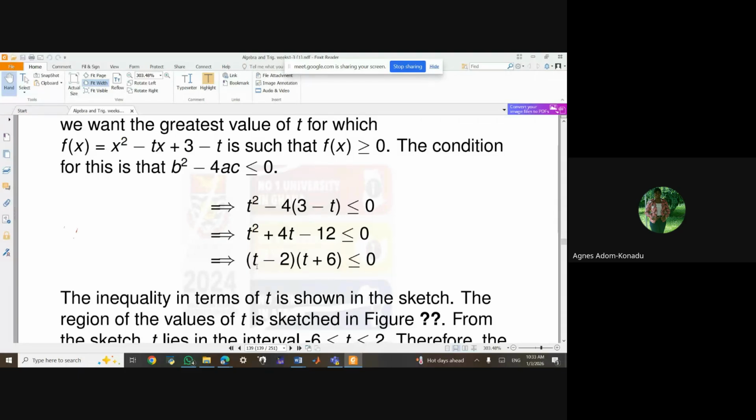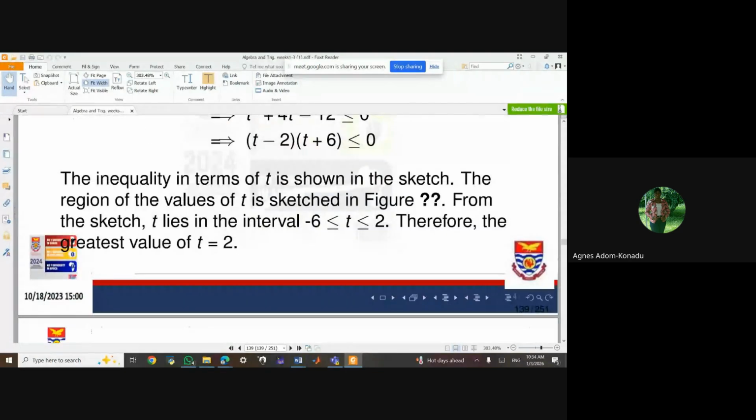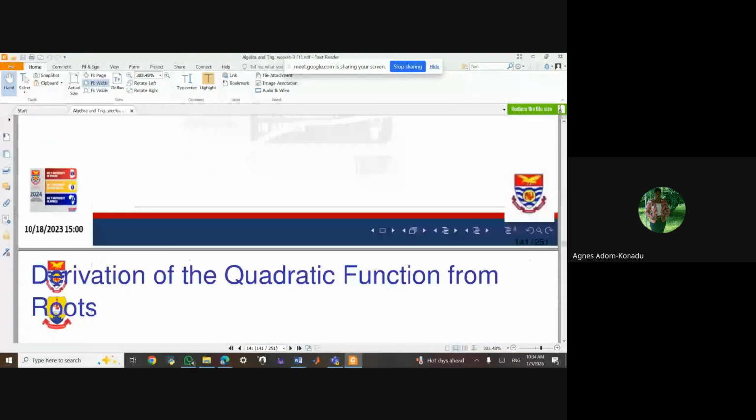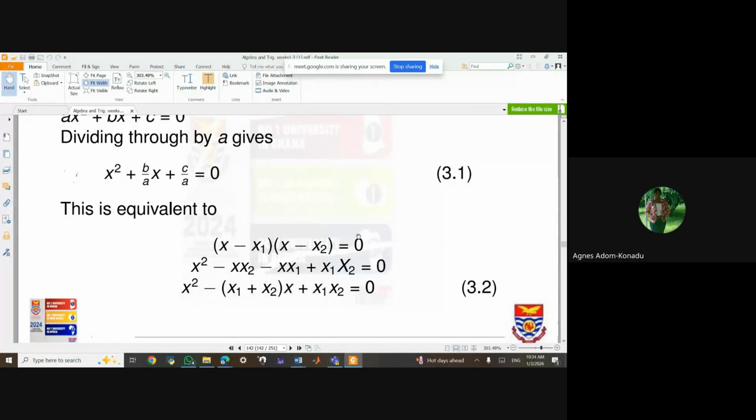When you solve, you're going to get t minus 2, t plus 6. These are the roots. So negative 6 and 2 are the roots. So if my roots are x1 and x2, then I can write it as x minus x1, x minus x2.